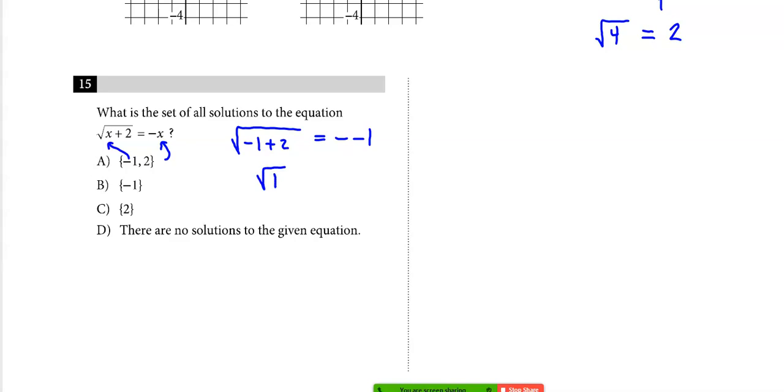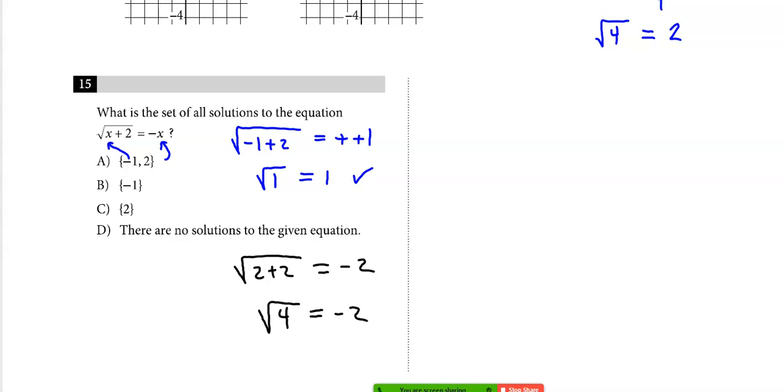Well, that comes out to be the square root of 1 equals 1. And that's true. So I know -1 works. So let me try to put 2 in here. If I try to put 2 in here, I get the square root of 2 plus 2 equals -2.